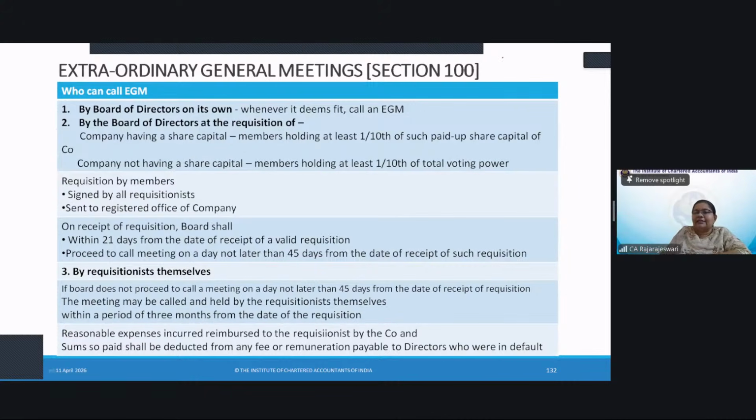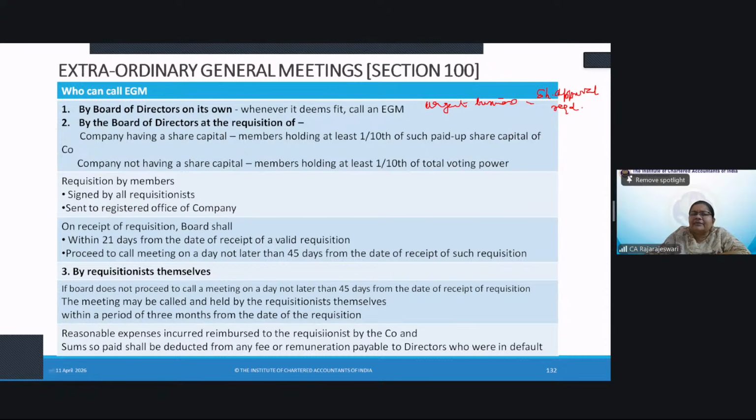So section 100. Who can call an EGM? The board of directors, whenever it deems fit, can call an EGM. It is of an urgent business which cannot wait till the next AGM. So shareholders' approval is required for that.